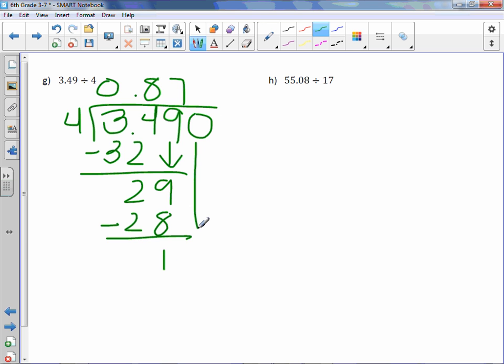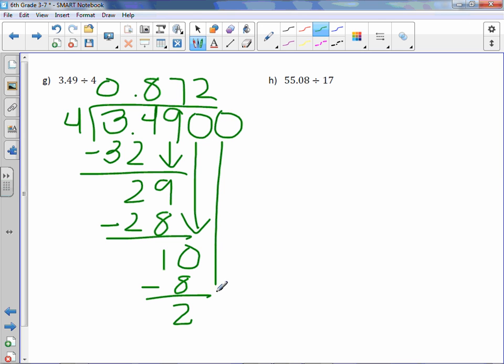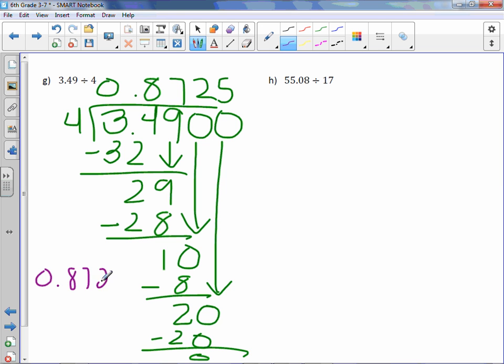Add a 0. Bring it down. 4 into 10 twice, which is 8. Subtract and get 2. Add another 0. We are still not done. 4 goes into 20 exactly 5 times. Minus 20 is 0. So our quotient is 0.8725.